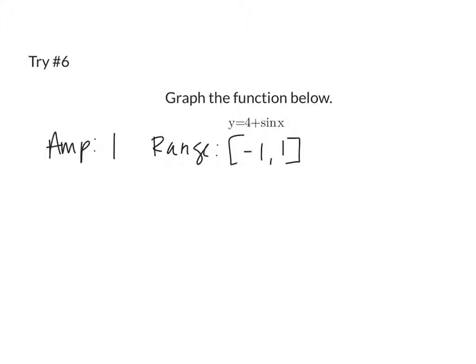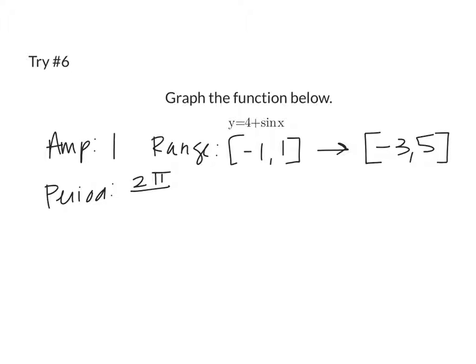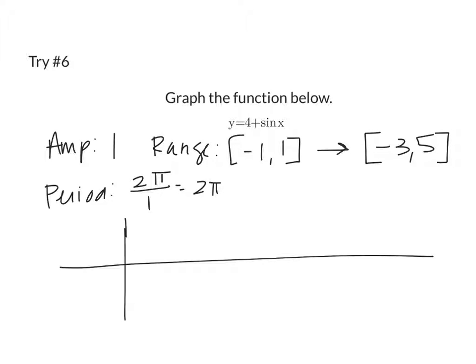However, because it has been shifted up 4 units, for each endpoint you need to add 4. So -1 plus 4 means this is going to be from -3 to 5. That's going to be our range. And our period will be 2 pi over the coefficient of x. The coefficient of x is 1, so it's just 2 pi. Again, we're back to a fairly normal sine curve.